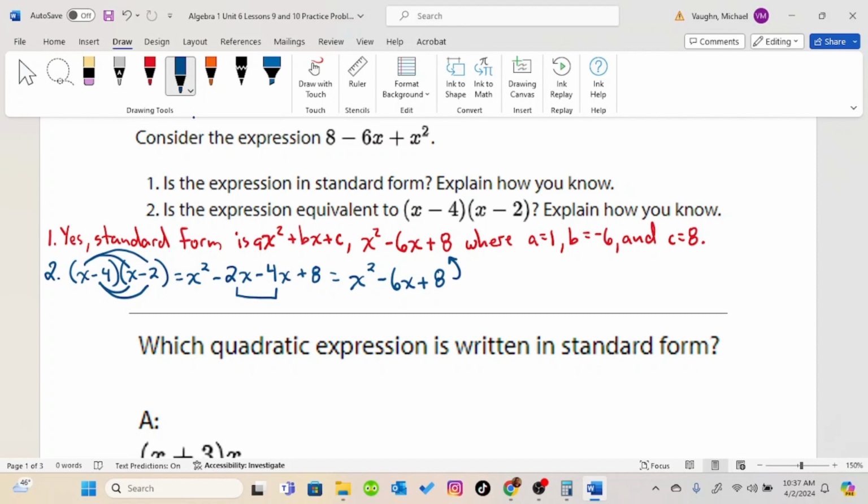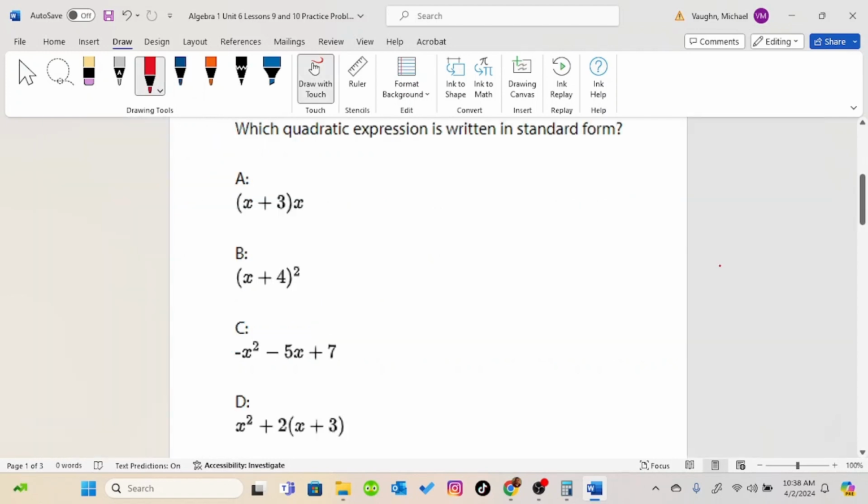Which quadratic expression is written in standard form? Standard form is ax squared plus bx plus c.